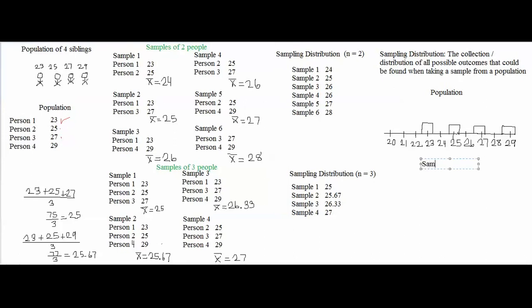So now let's do sampling distribution n equals 2. I'm going to erase these boxes and replace them with the boxes that show the numbers in this sampling distribution right here.